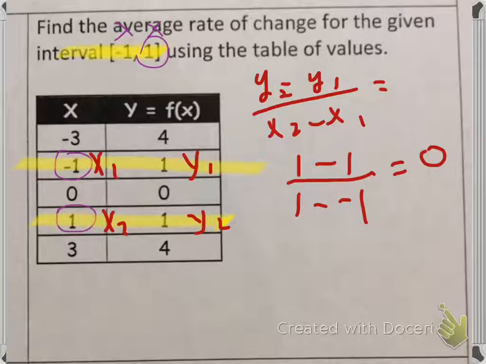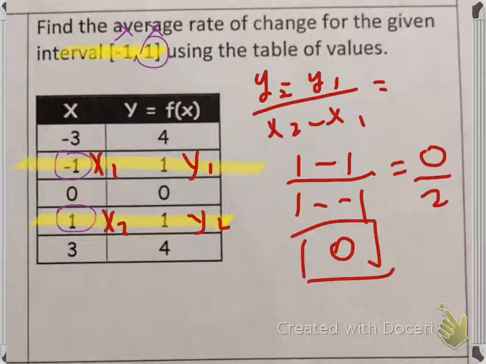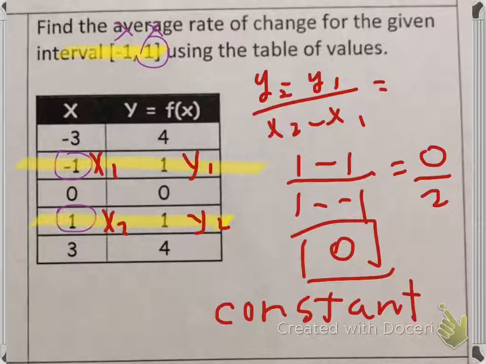On the top here I get 0. On the bottom here I get 2. 0 over 2 is just 0. So my average rate of change between those 2 points on the graph is 0. What that means is that it's constant. It means that it didn't move up or down between those 2 points. It's just straight across. Okay?